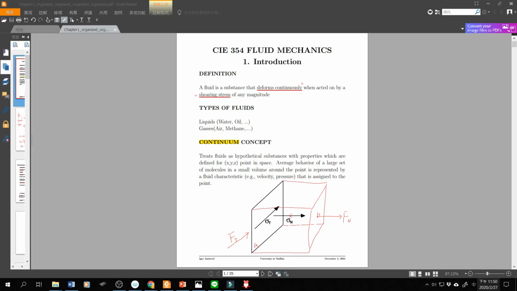And of course, we introduced various important fluid properties, which include the fluid density, specific weight, specific gravity, and maybe for the first time, the viscosity. Also the compressibility of a fluid, including the bulk modulus, the speed of sound, and finally, the surface tension.